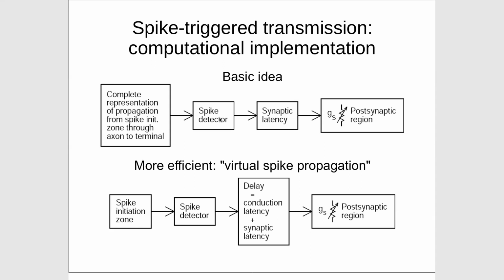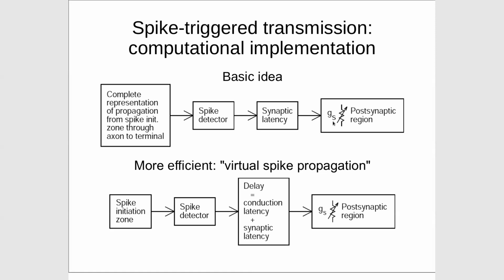And when the spike detector determines a spike has happened, after some latency, typical synaptic latency on the order of a millisecond or so, something happens to the conductance attached to the postsynaptic region.